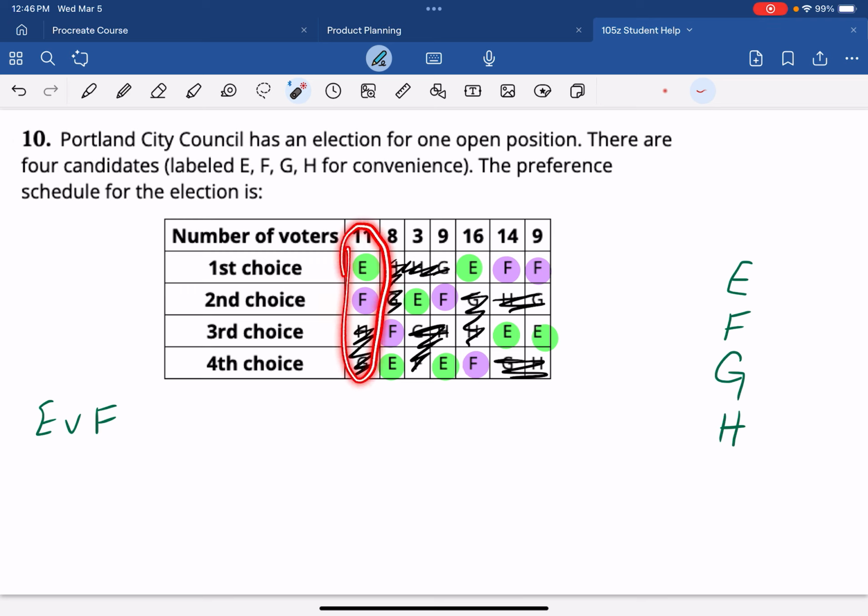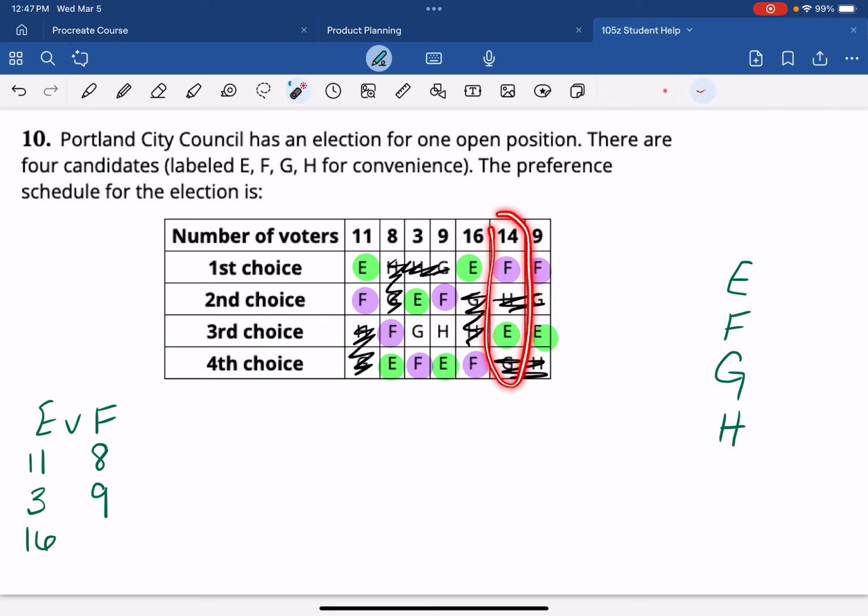In this first column, looking at these 11 voters, they would prefer E over F. So we'll give those voters to E. In our next column, we have 8 voters who would prefer F over E. So we'll give those votes to F. Next, it looks like I accidentally erased F. So we have 3 voters who prefer E. And then in our next column, we have 9 voters who prefer F. We're just looking at each column, looking to see who those voters would prefer if they were only given the choice between those two candidates.